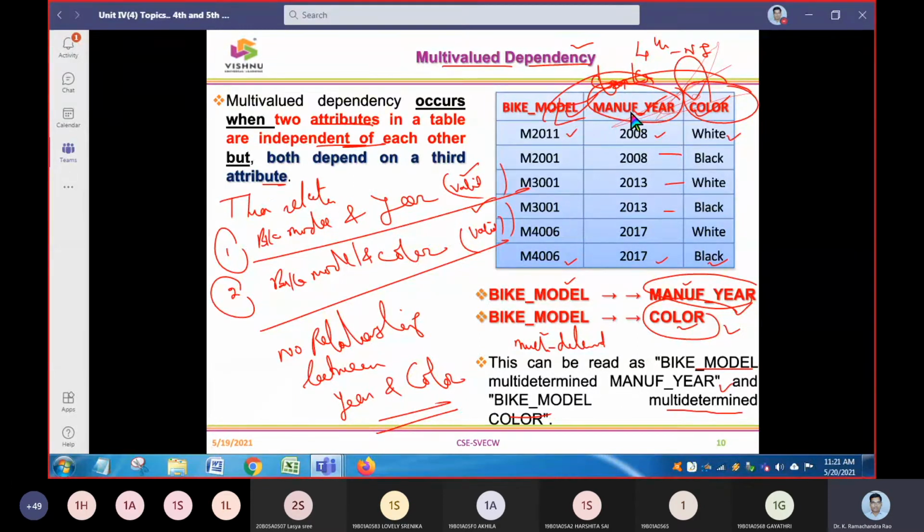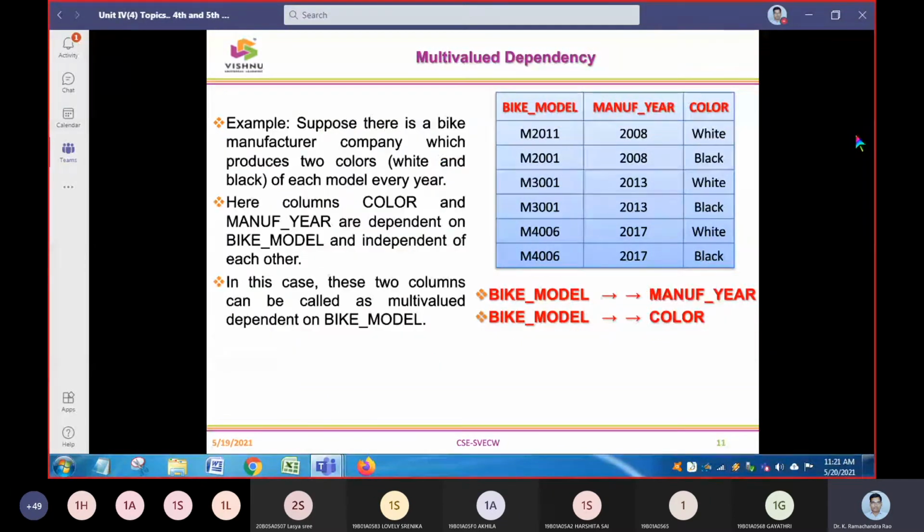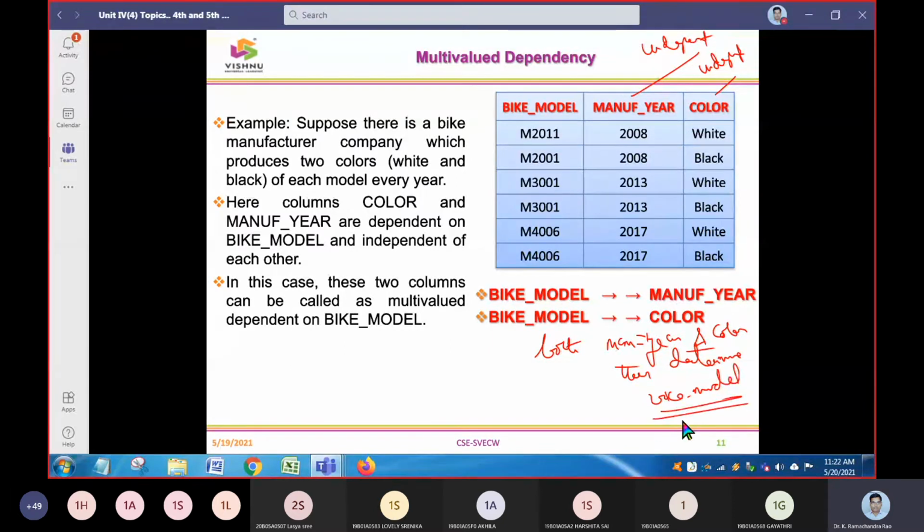Manufacturing year is independent, color is independent, but both manufacturing year and color will determine the bike model. So this was the key takeaway before we put up the multi-valued dependencies.